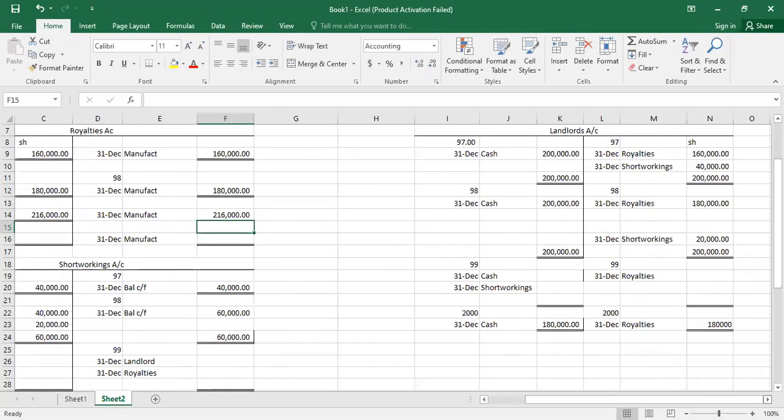So in the landlord's account, now the royalties are 216,000. Our royalties in the year 99, isn't it? Yes. 216,000. The cash to be paid is 200,000.